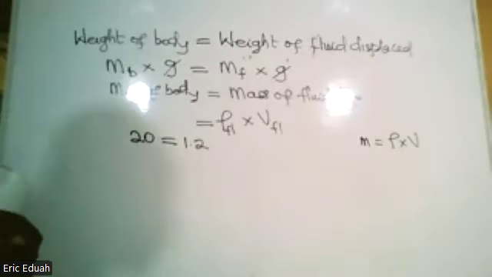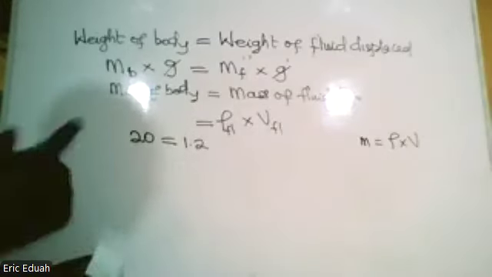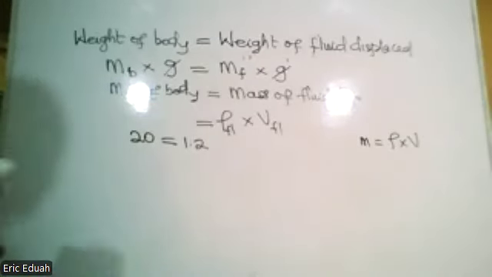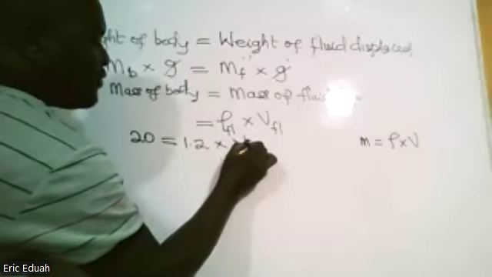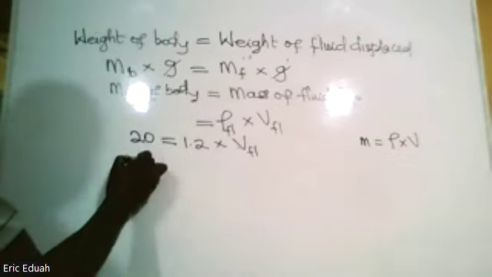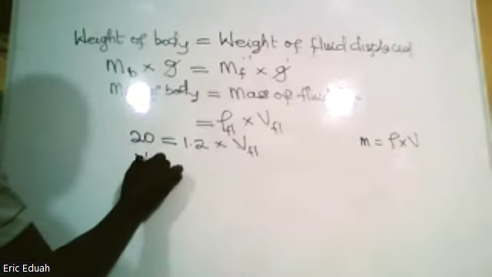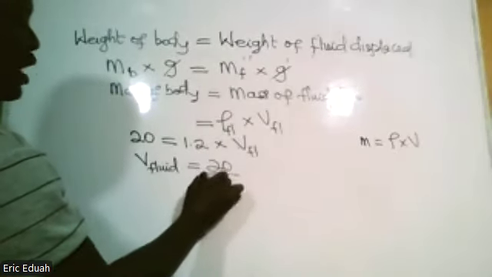So a density of 1,200 kilogram per cubic meter is equal to a density of 1.2 gram per cubic centimeter. If it's 1,000, it will be 1. When I find the volume of the fluid displaced, the volume of the fluid displaced will be equal to 20 over 1.2.